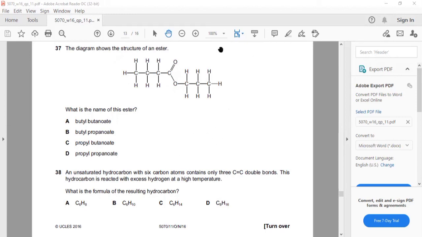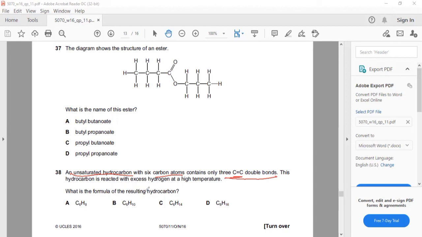38 is, read the question, unsaturated hydrocarbon with six carbon atoms contains only three carbon-carbon double bonds. This hydrocarbon reacts with excess hydrogen at high temperature.